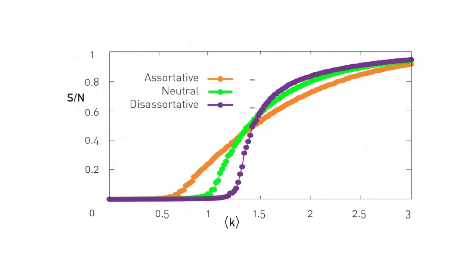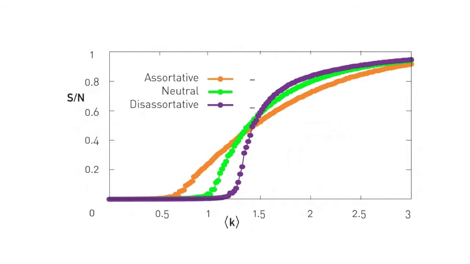It's very, very low. You can't even see it growing. And then all of a sudden, when we hit average K equals 1, the S to N ratio grows very rapidly, and we very quickly move from the critical to the supercritical.